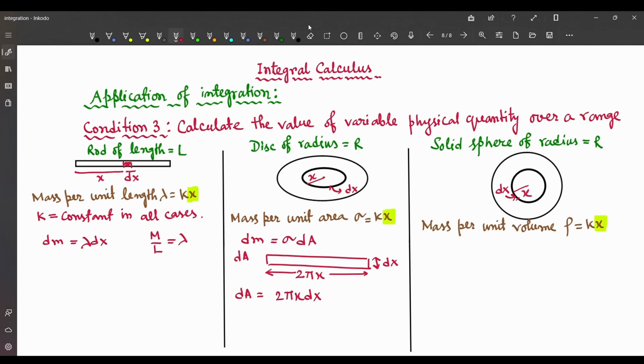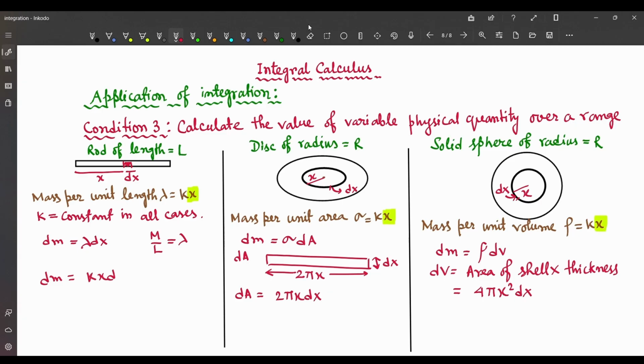For the spherical shell, the elementary mass dm is rho into dv, where dv is the volume of that spherical shell. Here dv is equal to the area of that shell into thickness. The surface area of that shell of radius x is 4 pi x square and the thickness is dx. Therefore, the volume is 4 pi x square dx. Now, in each case, if we put the value of the mass distribution, for the rod, dm is equal to kx dx.